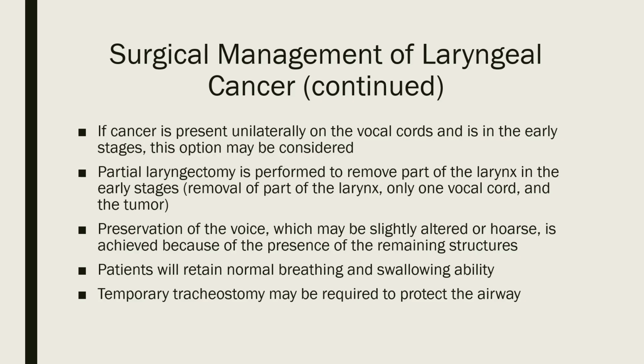Partial laryngectomy is performed to remove part of the larynx in the early stages, and this is removal of part of the larynx, only one vocal cord, and the tumor. Preservation of the voice, which may be slightly altered or hoarse, is achieved because of the presence of the remaining structures. Patients will retain normal breathing and swallowing ability, and a temporary tracheostomy may be required to protect the airway.